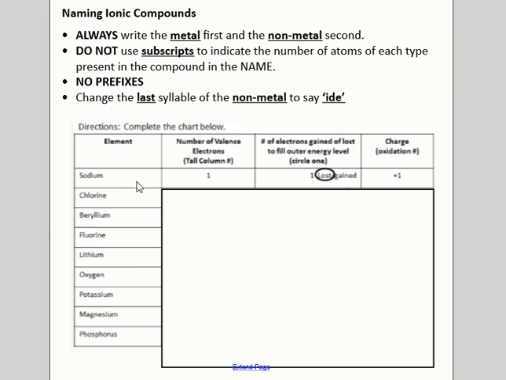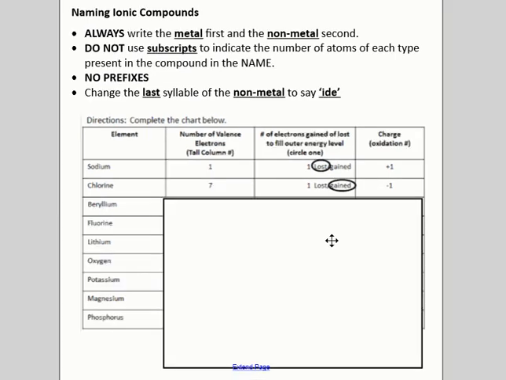Sodium, for example, in group 1 has 1 valence electron. We know all metals lose them, so we're going to lose that 1 outer electron and get a +1 charge. Chlorine, being group 7, has 7 valence electrons. It gains 1 more to fill up that outer shell and has a -1 charge.